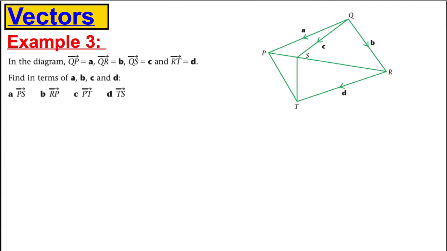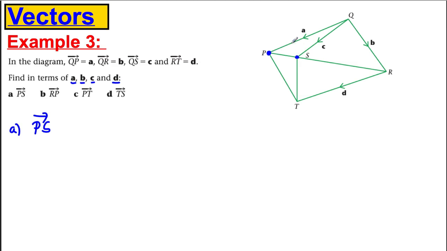And the last example here, we're usually given a vector diagram, we're asked various things about it. In the diagram, Q to P is A, Q to R is B, Q to S is C, and R to T is D. Find in terms of A, B, C, and D the vector P to S. So how do you get from P to S here?